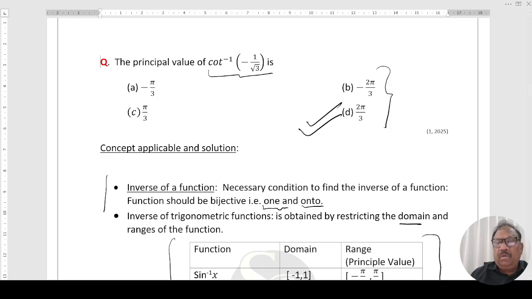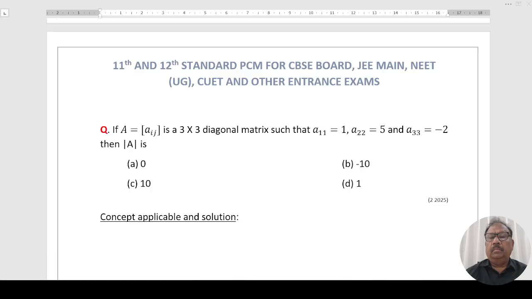Right? Next question. Question is, if A equals Aij is a 3 by 3 diagonal matrix such that A11 equals 1, A22 equals 5, A33 equals minus 2.